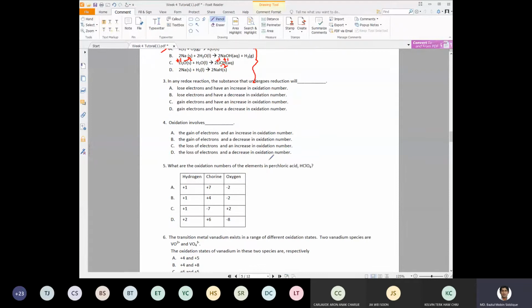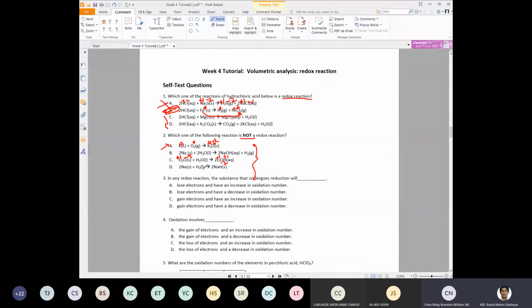Teacher, at 2A, there's something wrong with the equation. There's only 1 K for 2 Ks and 2 O's for 1. Yes, it should be 2 here. Hold on, then it should be 4 here, and 2 here.